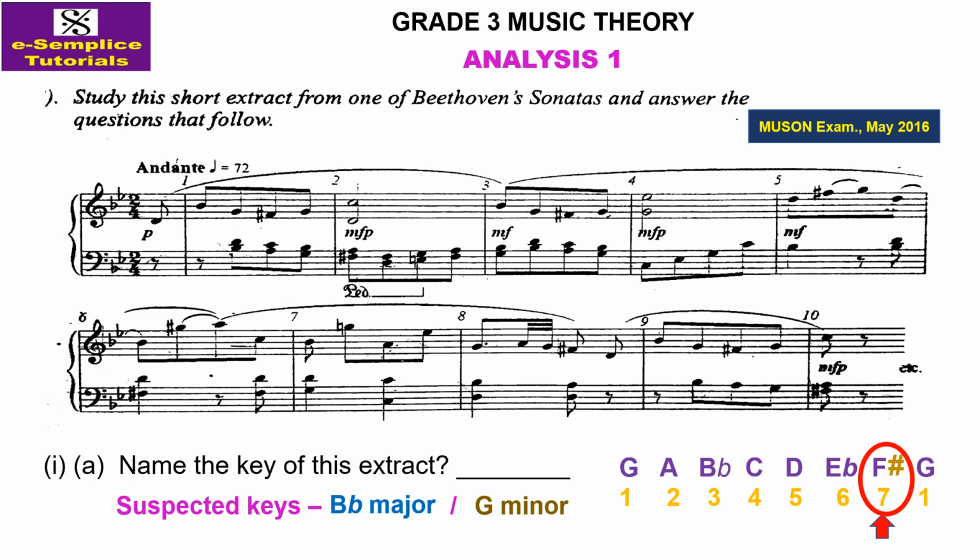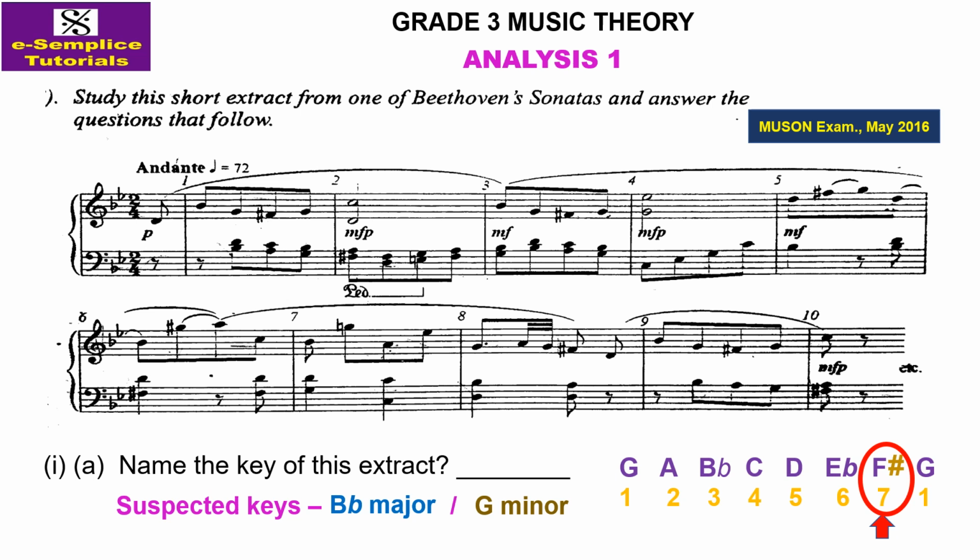Now go to the extract and look through. If you find F sharp, either in the treble stave or in the bass stave, it means this music is G minor. But if you cannot cite any F sharp in the music, it means the music is in B flat major.